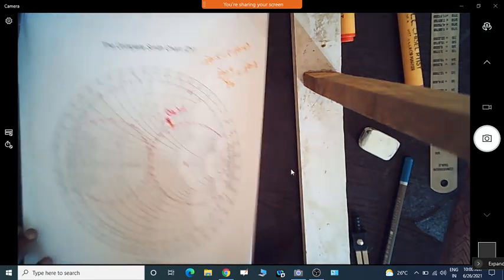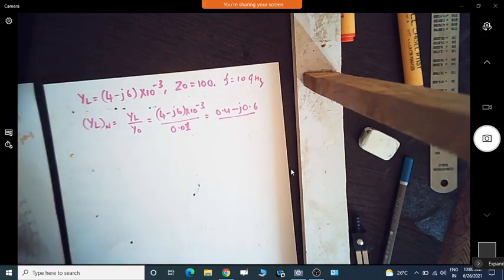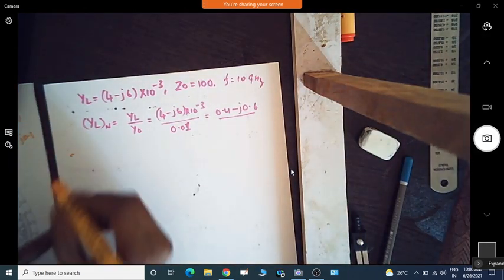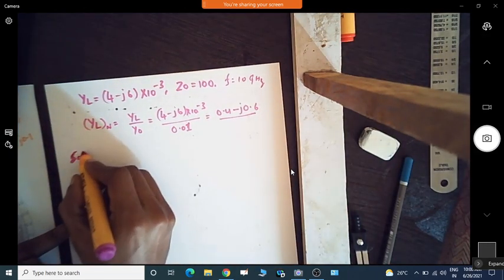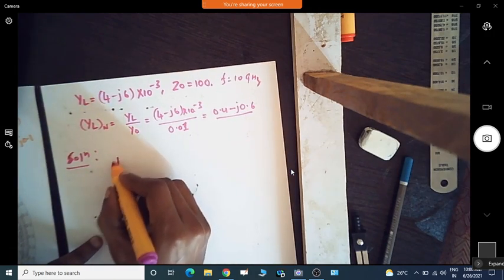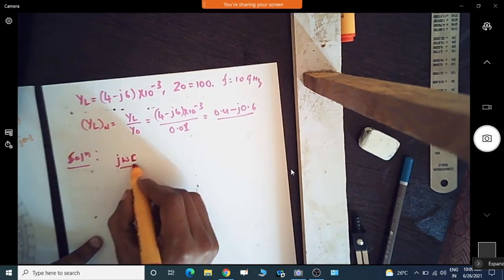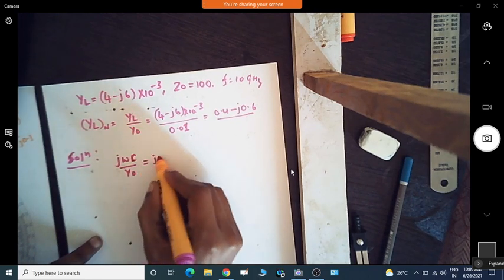Let us look at solution 1. The first element is j omega C by Y0, which is equal to j0.1.